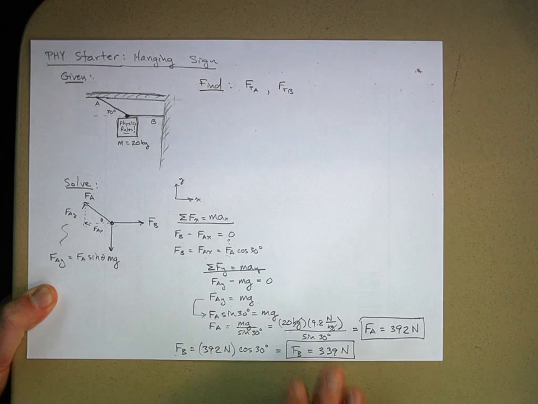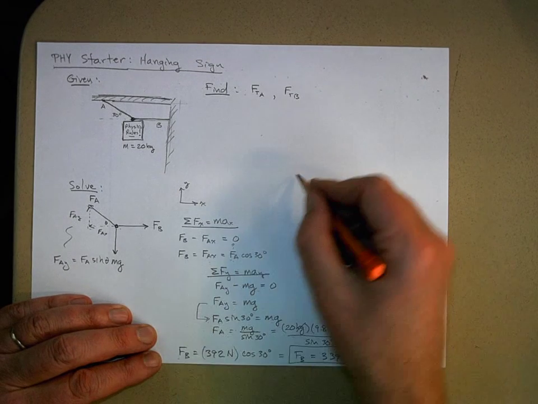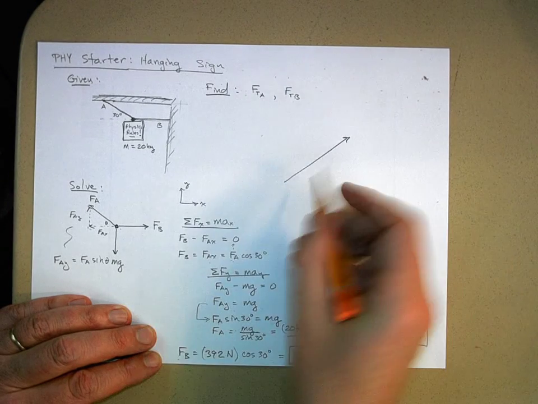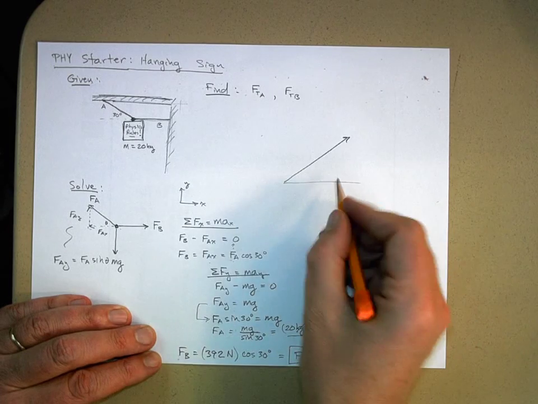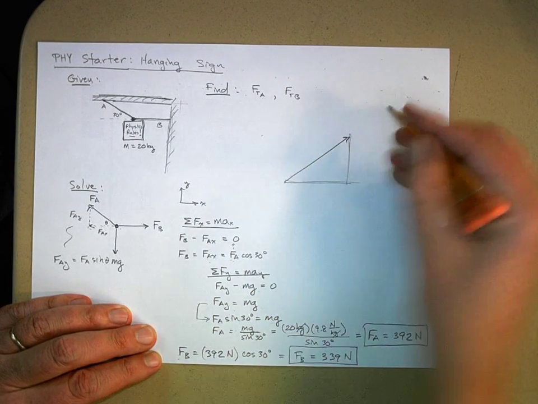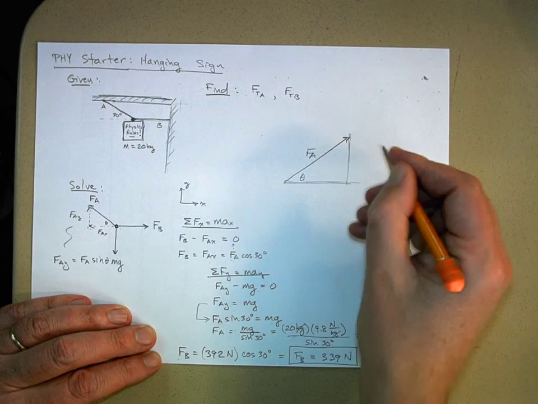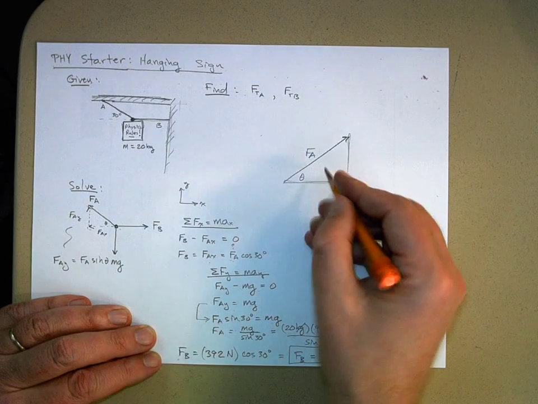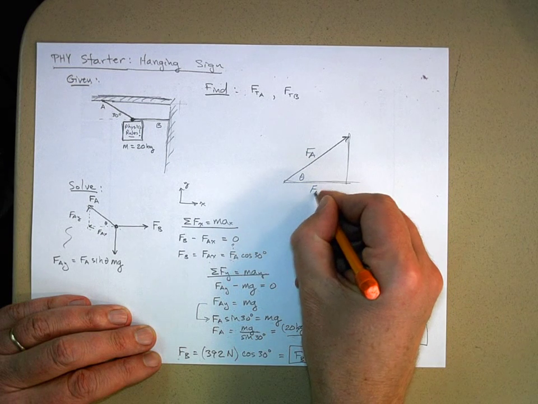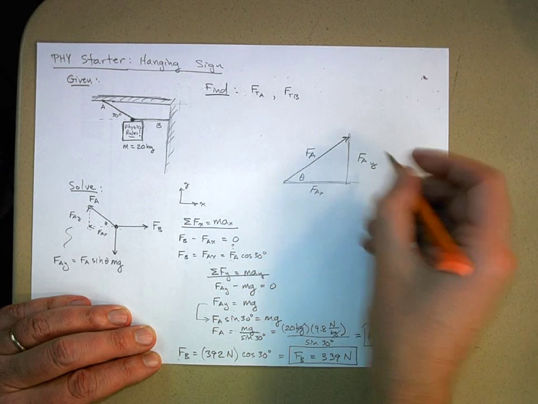So one of the things to remember, if you have a right triangle, if this is theta, and we'll just call this FA, even though I know FA was in the other direction, doesn't matter. This is FA in the x, and this is FA in the y.